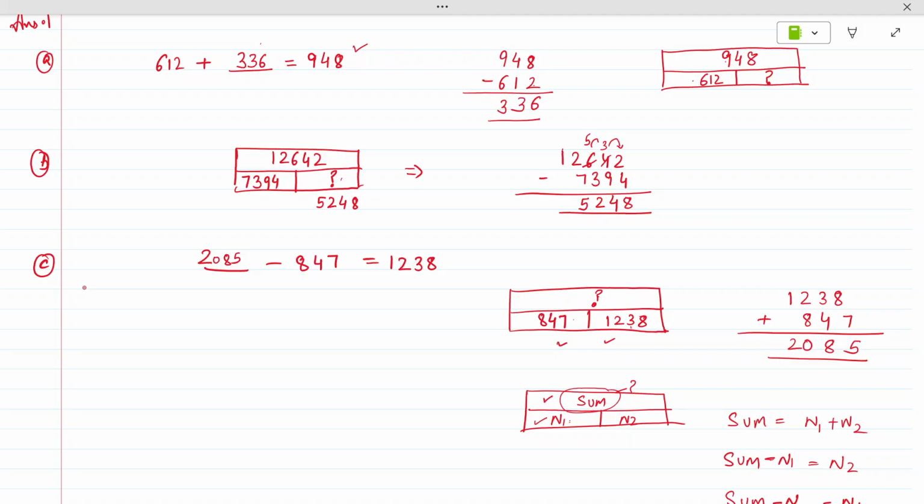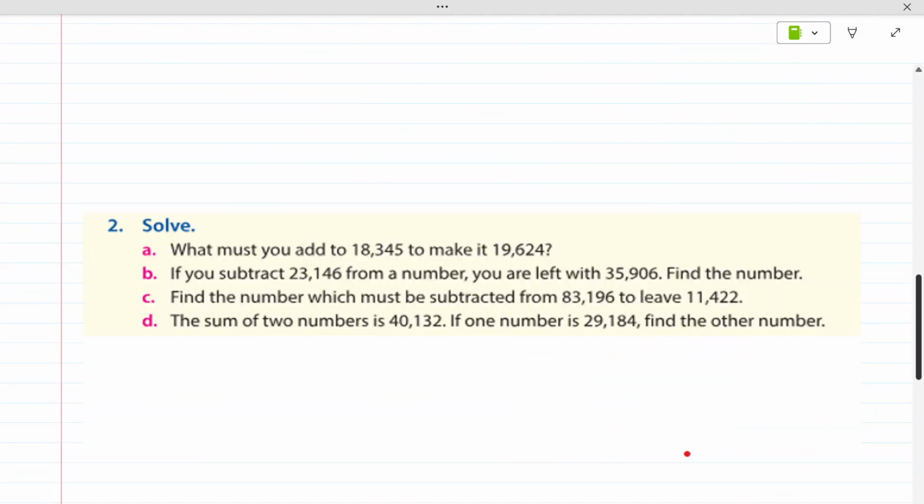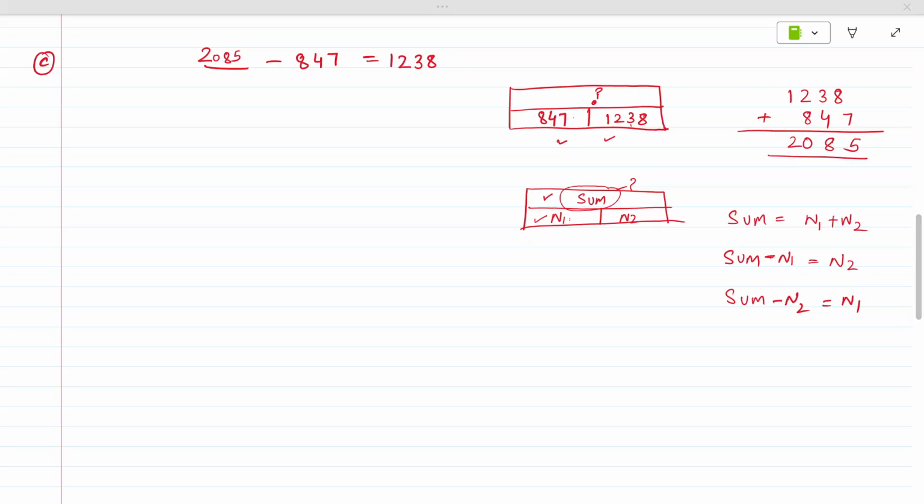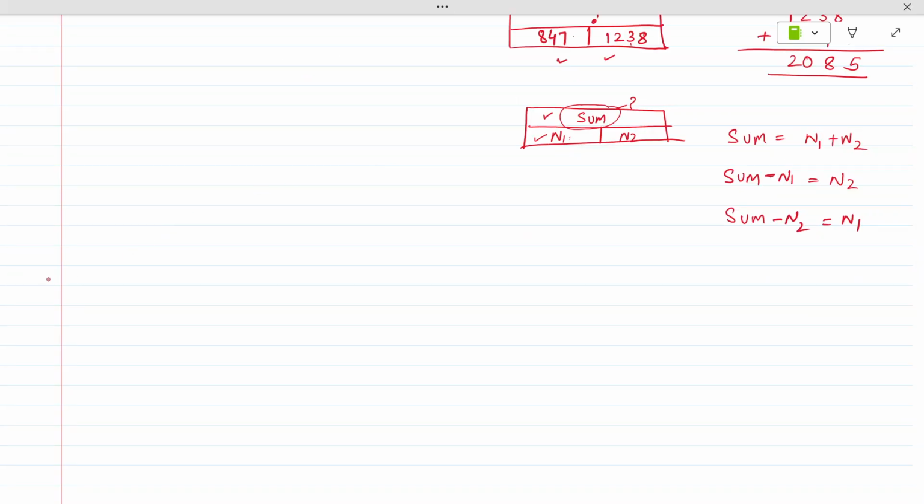Kids, the D part is similar to the C part, but again I will do it here. This is dash minus 9162 is equal to 1811.